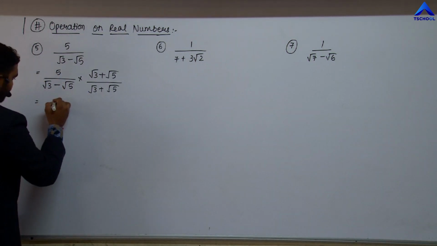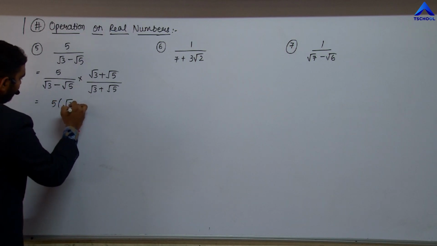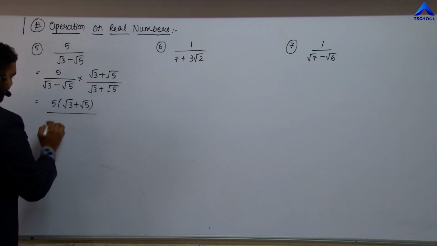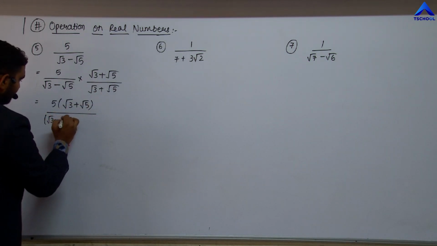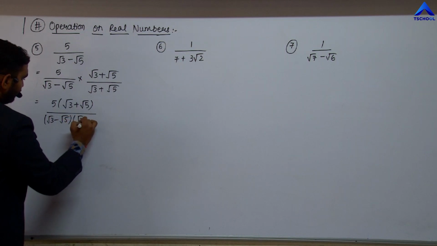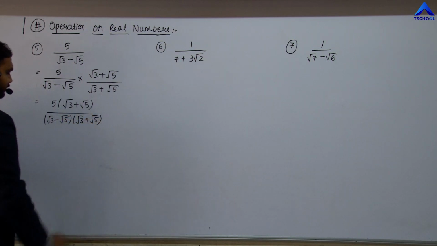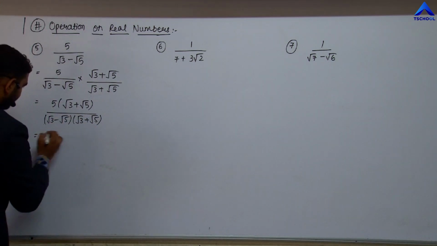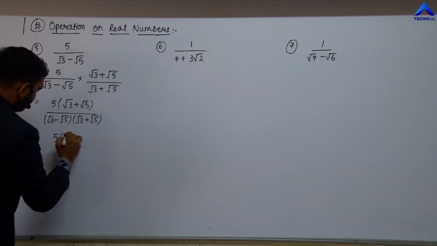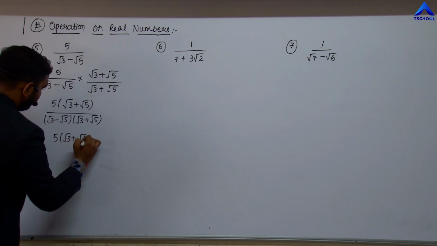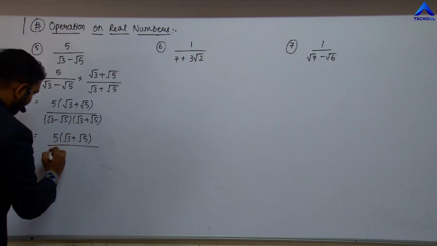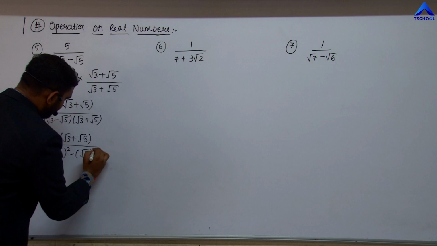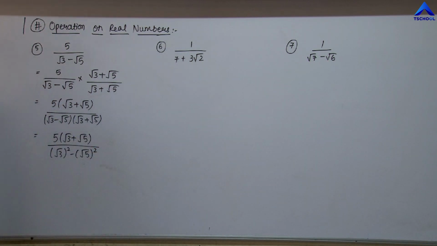So we shall multiply by 5 in the numerator, multiplied by root 3 minus root 5 into root 3 plus root 5. That gives me 5 into root 3 plus root 5 divided by root 3 square minus root 5 square. That is the result number 3.